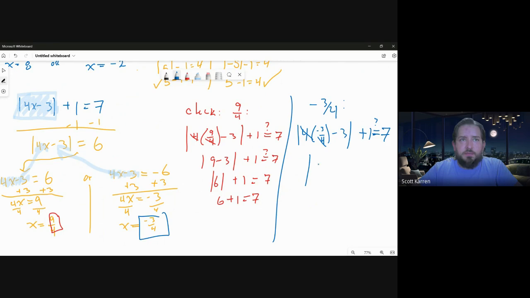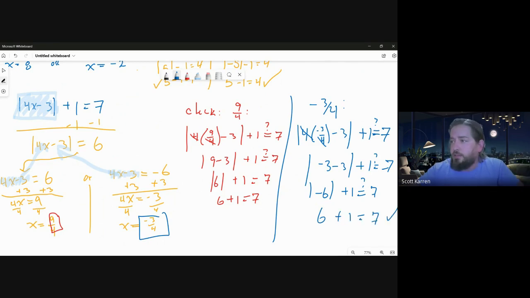So inside these absolute values, I'm just going to work on everything until I get it down to one simple number. And then evaluate the absolute value. So I'm left with negative 3 minus 3. But that, of course, is negative 6 inside the absolute value. The absolute value of negative 6 is positive 6. And 6 plus 1 is 7. That one is true. That one works.